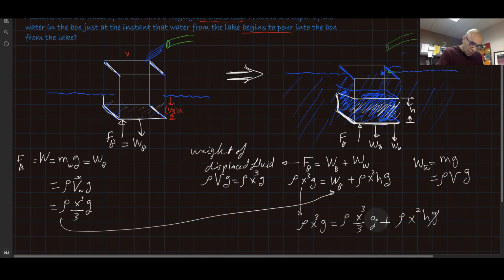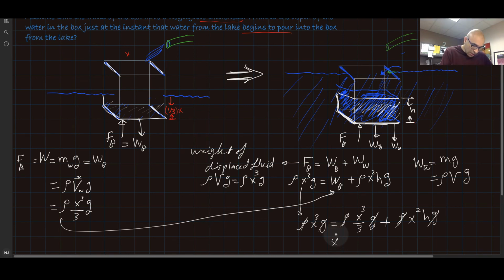Now g cancels because it's in every term of the equation, and the density rho cancels too. Now we are left with this equation.